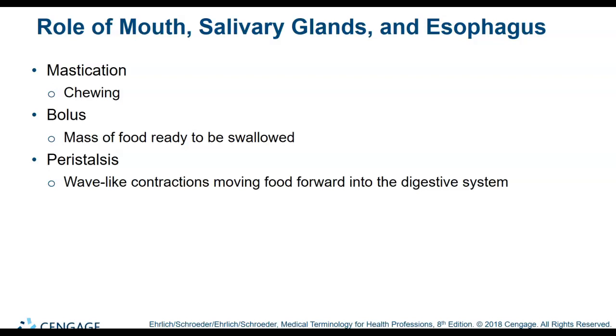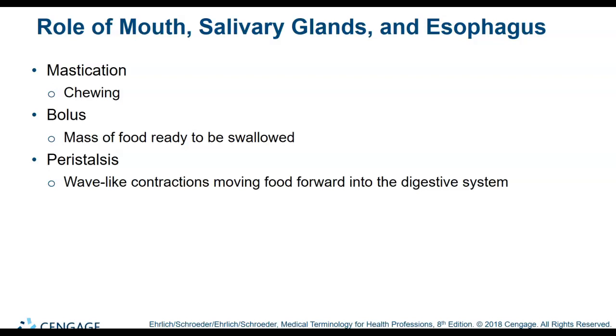Mastication is actually the chewing of food. A bolus is the mass of food that's in our mouth that we are ready to swallow. And then peristalsis takes place. As we swallow, peristalsis is that wave-like movement of those involuntary muscles that move the food through the digestive system.